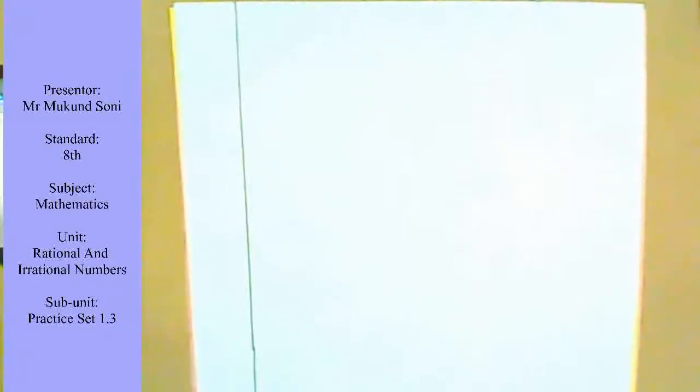We are learning 8th grade mathematics, chapter number 1, rational and irrational numbers. In that we are learning subunit practice set 1.2. In my previous video, you all learned questions number 1 to 3.